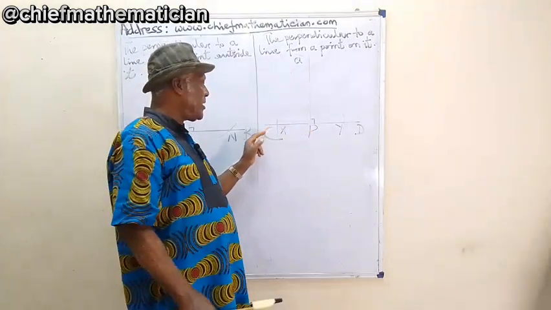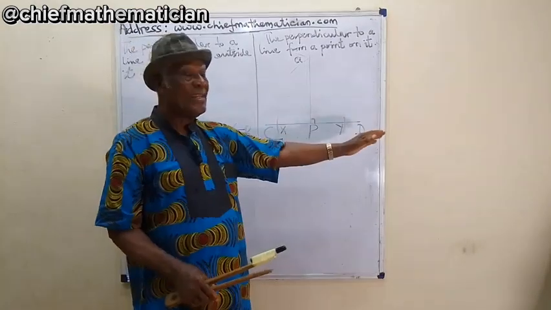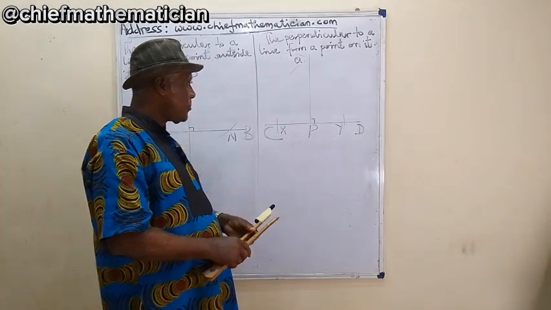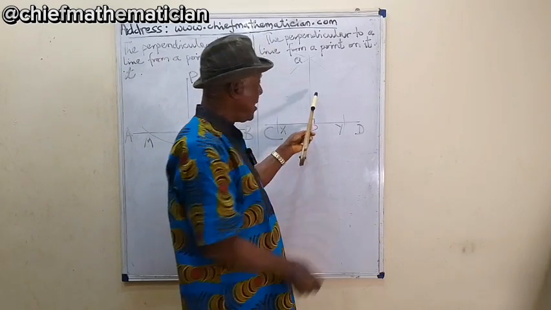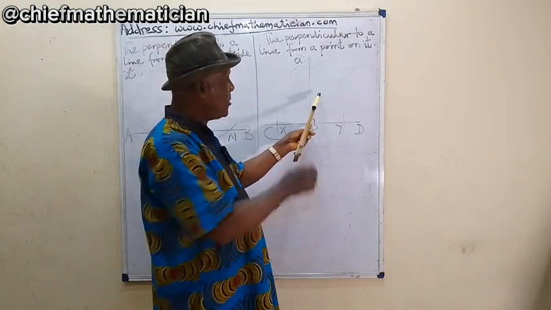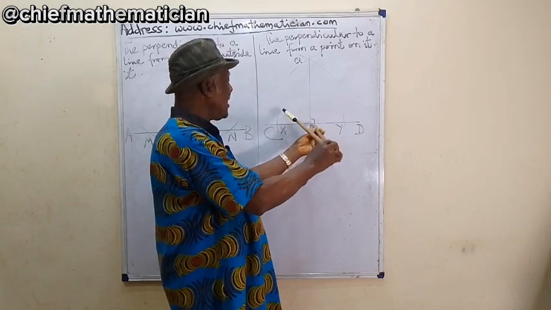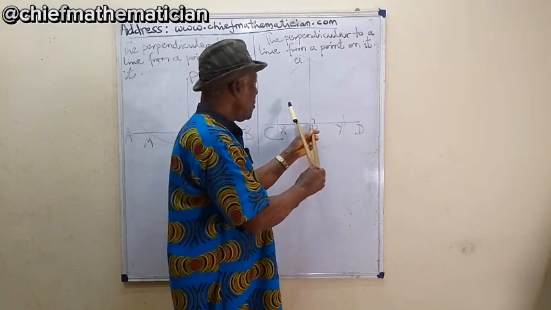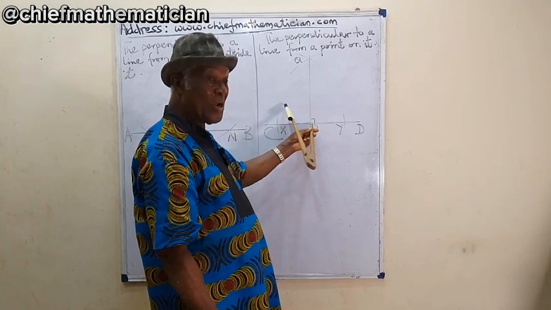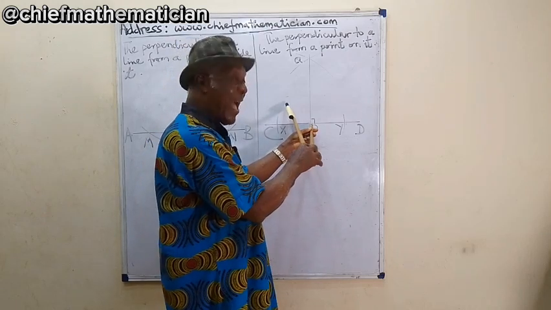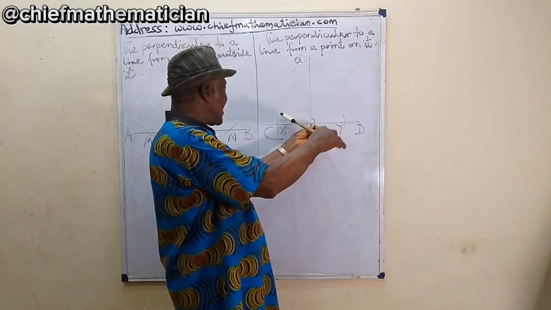P is a point on the line segment CD, and we want to construct a perpendicular to CD through the point P. What do we do? Using P as your center and any convenient radius, you describe arcs to cut CD at X and Y.